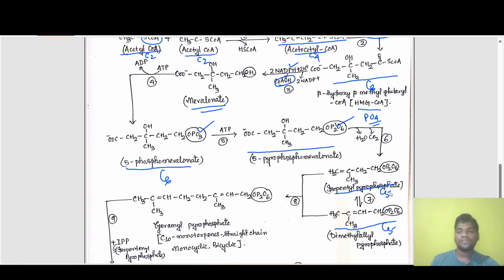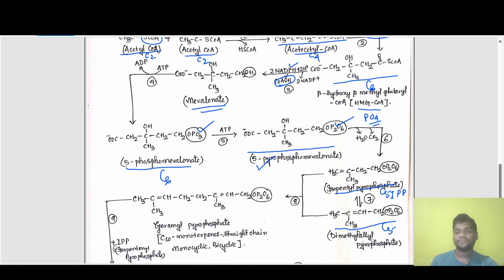So in this case the C5 is IPP, isopentenyl pyrophosphate, IPP in short. And this 5-pyrophosphomevalonate can also get converted into DPP.